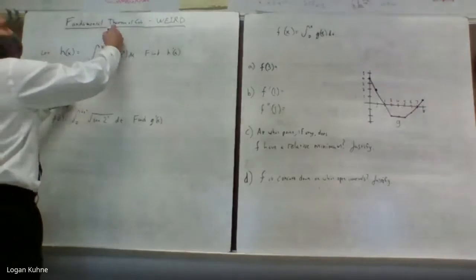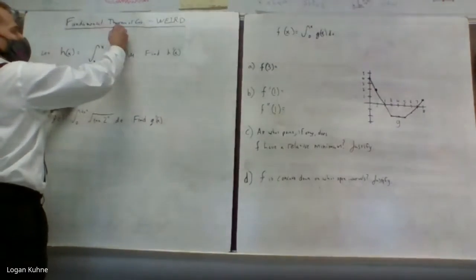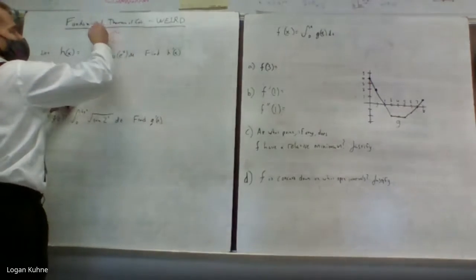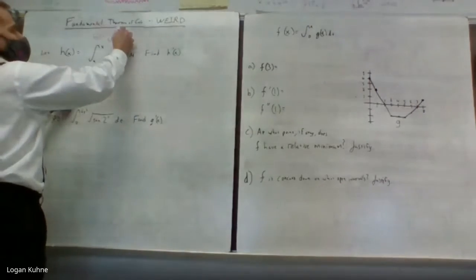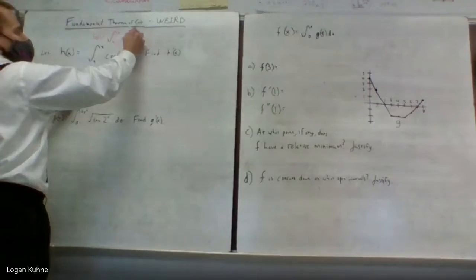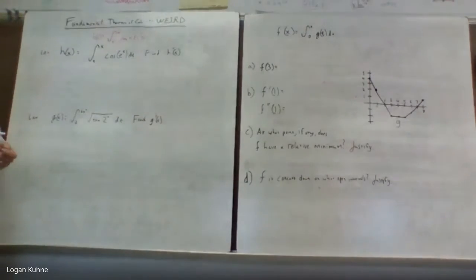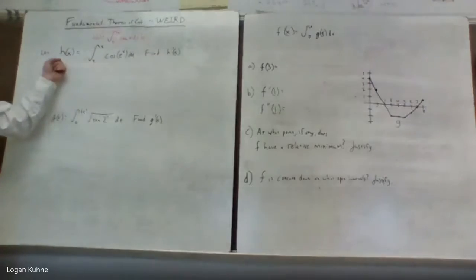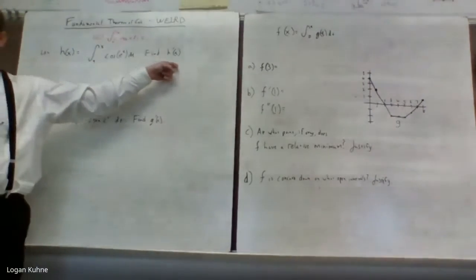What if I just had the following problem? From 4 to x, let's call this h of x, of just cosine of t dt. I look at this and I'm like, oh, so I need to anti-derive, plug in the limits, and I need to derive it.